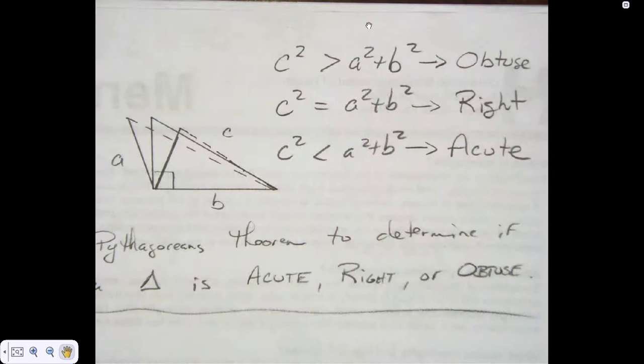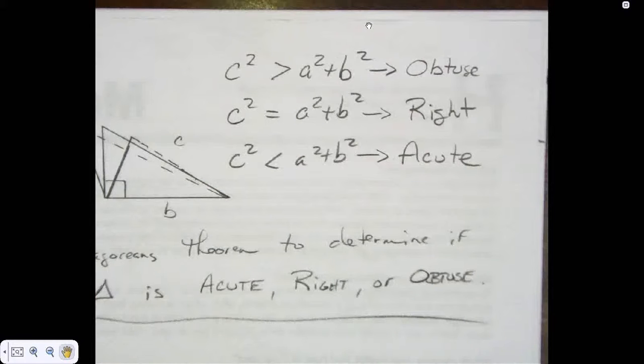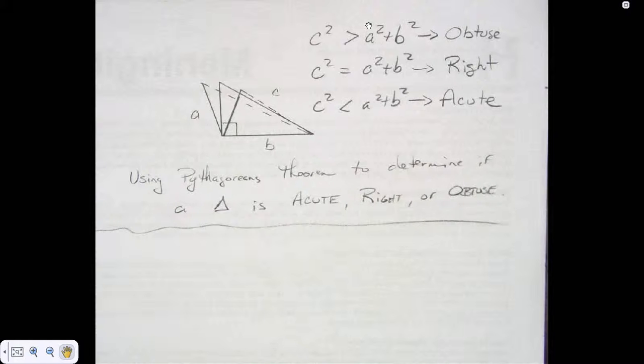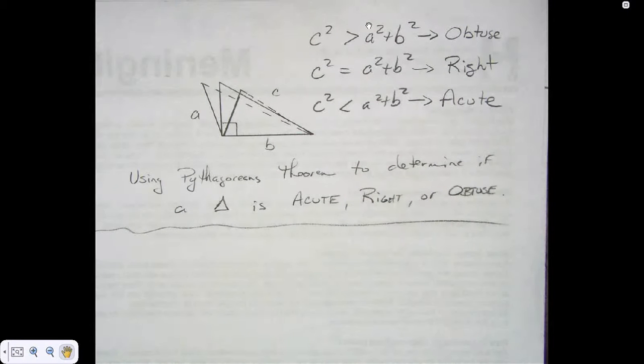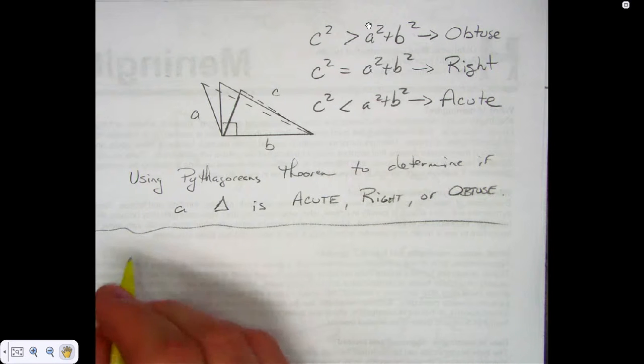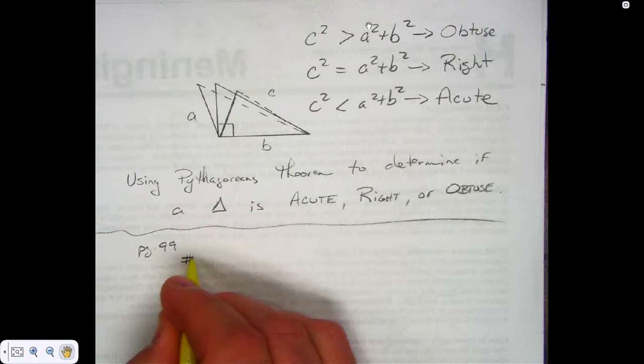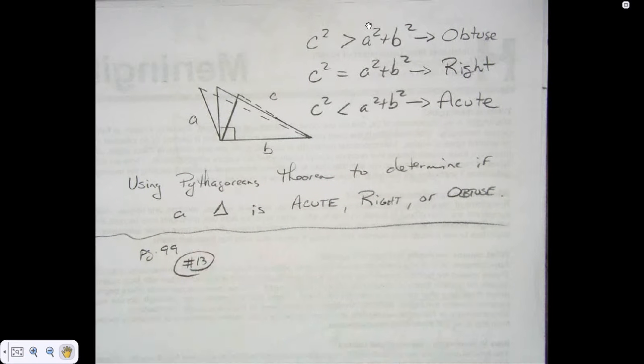So, since we're on that, let's look at some from our workbooks, and I'll write them on here. Let's look at number 13, page 99, number 13. They want to know whether it's acute or obtuse.